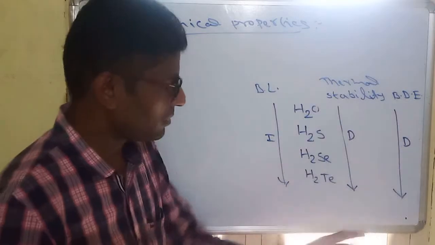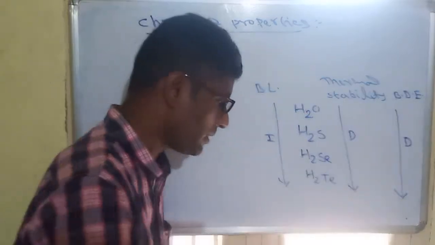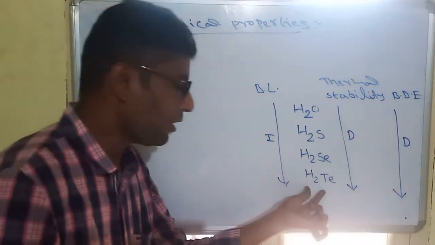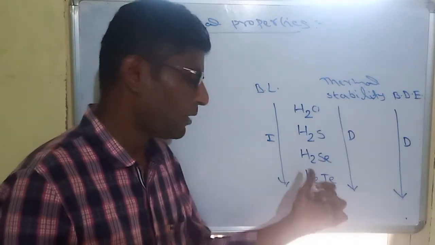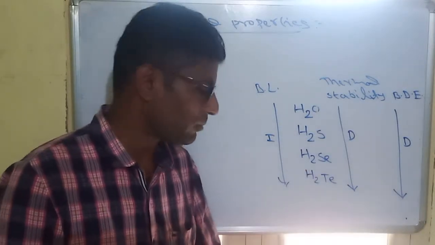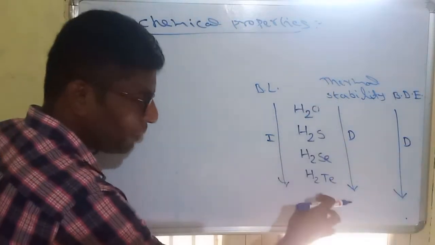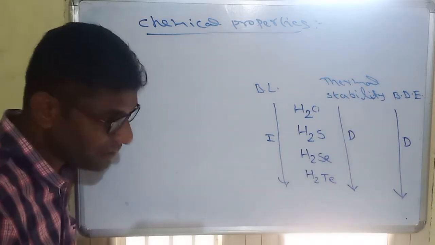Among these, stability decreases from top to bottom, so H2Te is the least stable. It cannot hold hydrogen because breaking the bond is easy. So it is unstable, easily losing hydrogen. From top to bottom the hydrogen losing tendency increases.